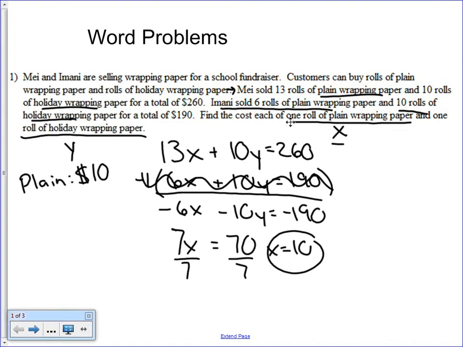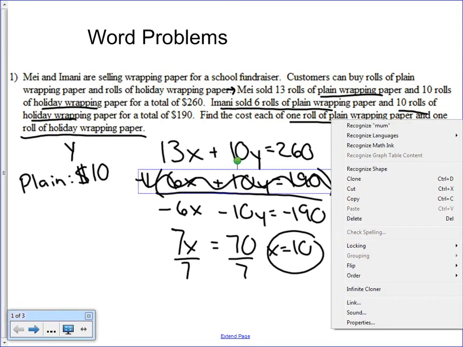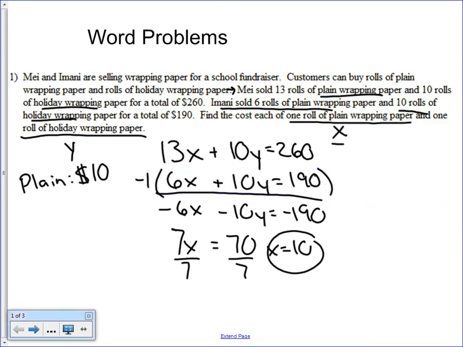We just have to go back and plug 10 into one of the equations. You can use any one of these three. It looks like the middle one might be the easiest to use. So 6 times 10 plus 10Y equals 190. 6 times 10 is 60, plus 10Y equals 190.